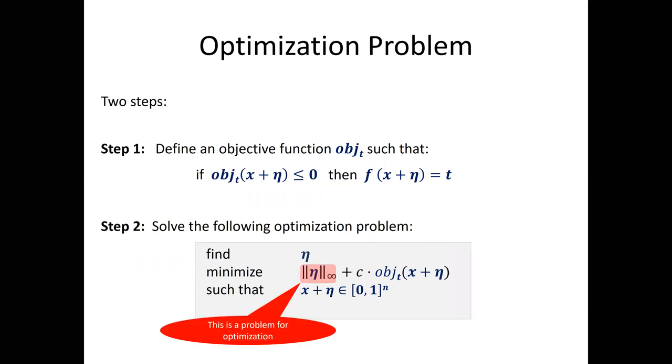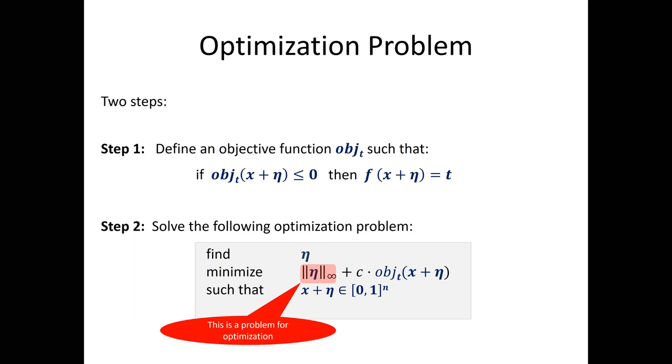The problem here is this term, when you're using the L infinity norm, it's taking the max of the absolute values of the entries of eta, of the change. This is actually quite difficult for optimization with standard gradient-based methods. And so what we need to do in the rest of the lecture is try to see how we deal with that problem as well.